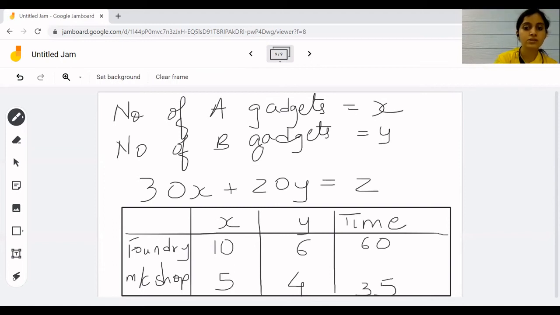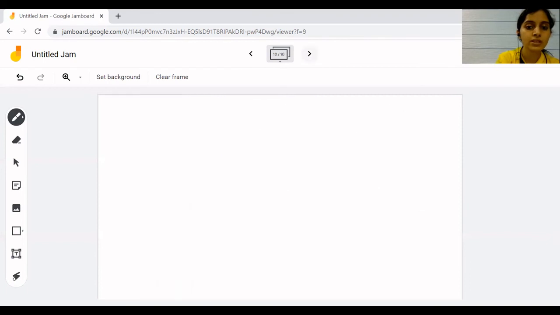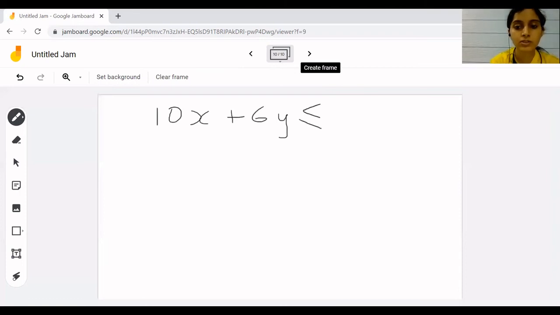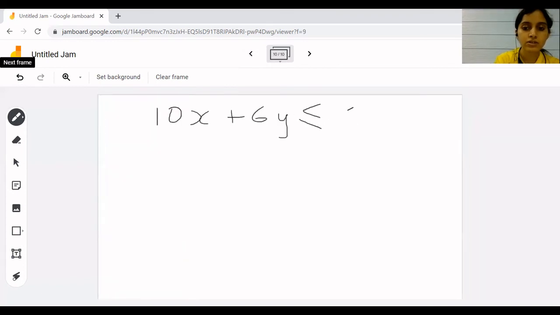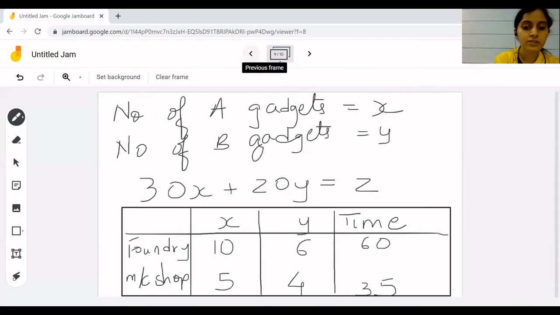Okay, so the constraints we'll have is, see, the foundry is giving you 60 hours. In those 60 hours, X will also be working, Y will also be working. But how many? So we'll say 10X plus 6Y should complete their work in less than or equal to 60 hours. And the second constraint now would be 5x plus 4y.